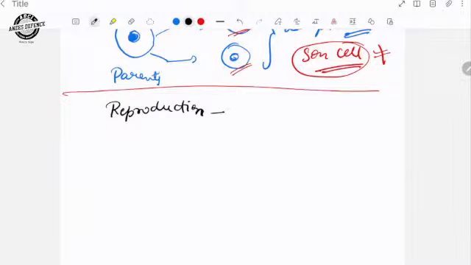If reproduction does not occur in any type of organism, then their survival on Earth is going to be completely extinct. Means their species is not going to be present in future if the reproduction process does not occur.